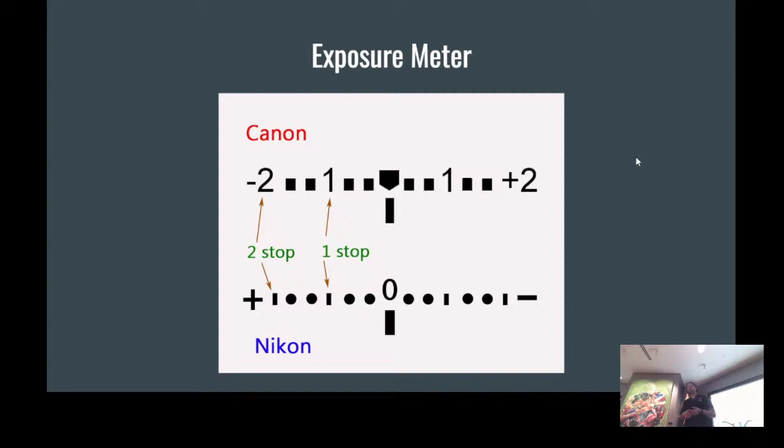It's a great way to cheat when you have already played with your ISO and already played with your aperture, and you're still not getting the lightness or the darkness that you require for your image. This is the way of kind of getting around that without playing with the integrity of the image. Going the opposite direction, so the -1 or -2, you are now lowering your camera's exposure, making your image more dark, less susceptible to its exposure.